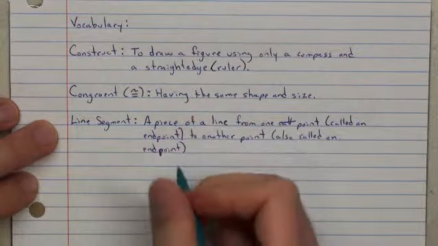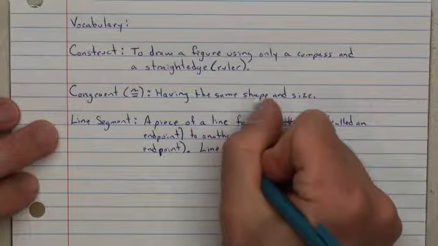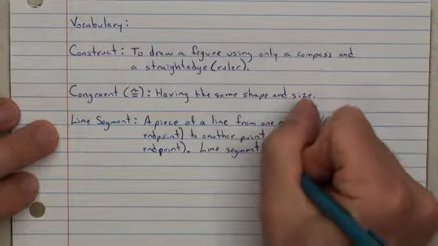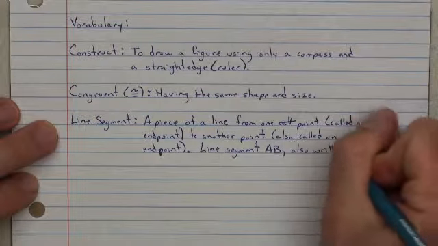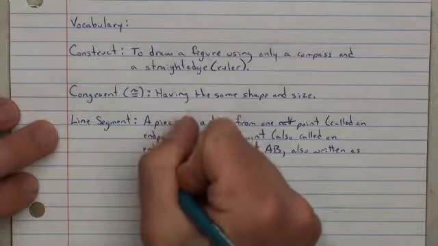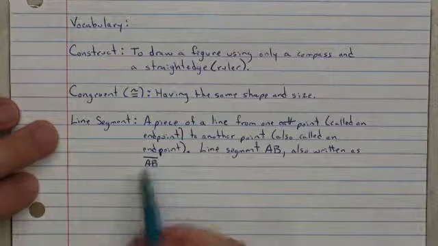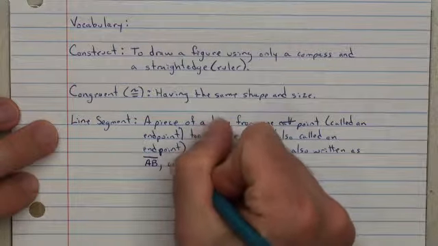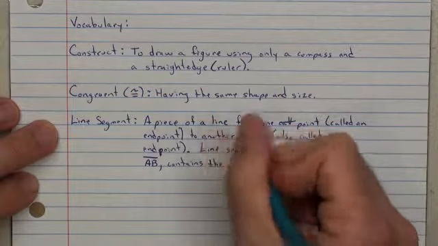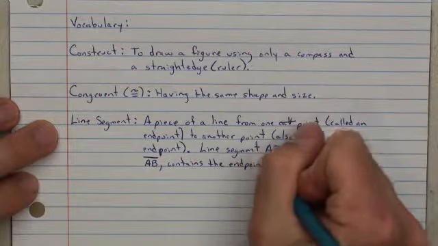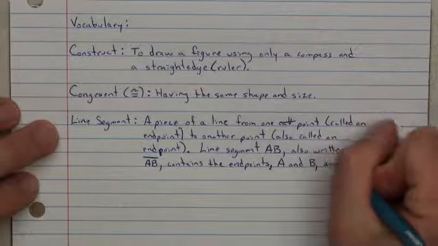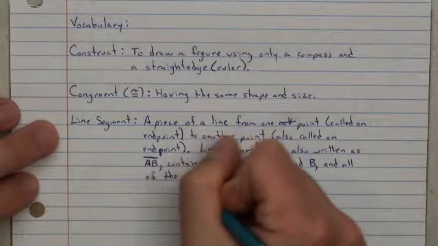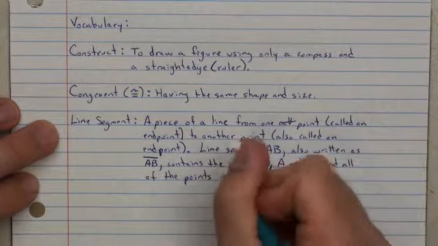Okay. Now let's continue that with the next sentence. Line segment AB, okay, which can also be written, so also written as AB with a line over it, okay, with no arrows, just a straight line over it, contains the endpoints, A and B, and all of the points between those endpoints.